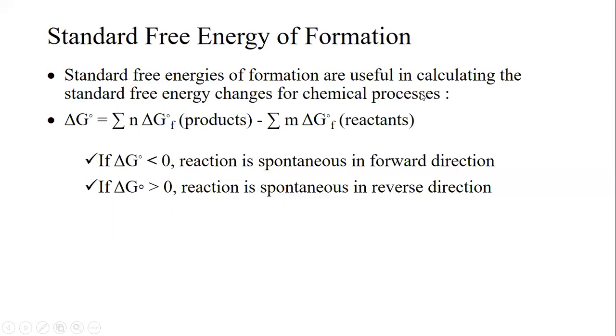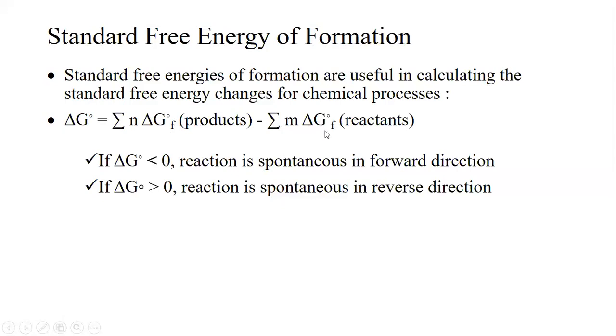The chemical processes we're interested in are the reactions. So delta G0 of any reaction equals the summation of n, these are the stoichiometric factors, remember, that we multiply by when we balance an equation, times delta G0 of formation of all the products, minus the summation of m, of course, the different values of the stoichiometric factors, times delta G0 of formation of the reactants.